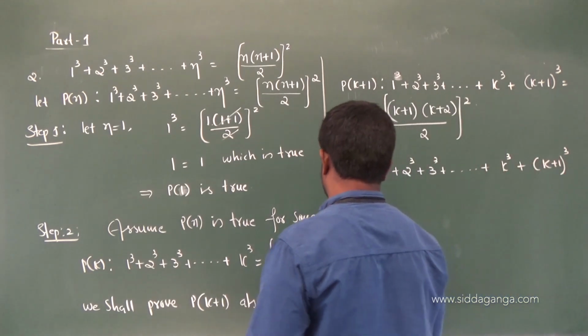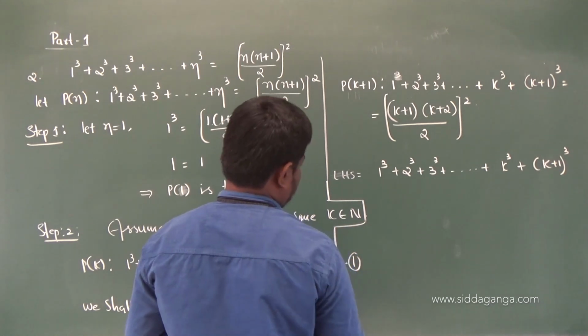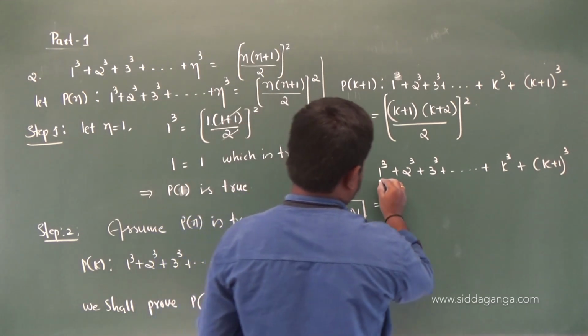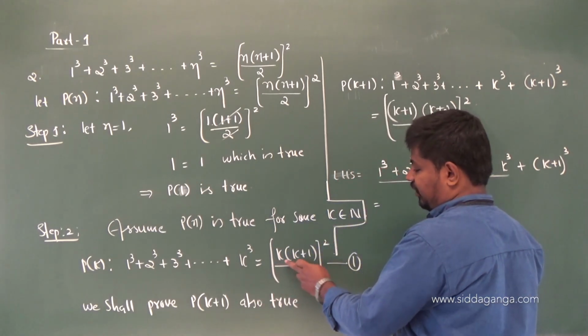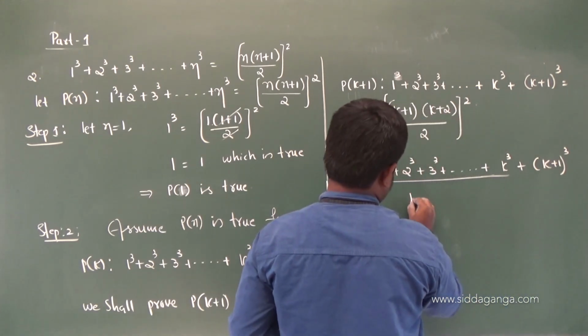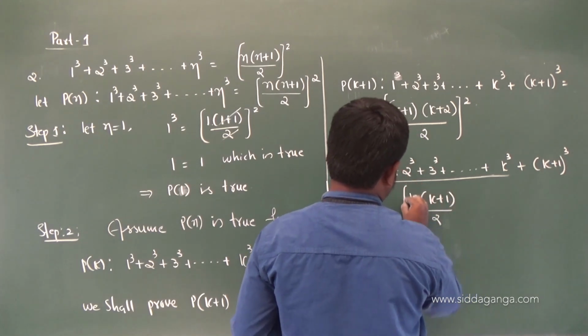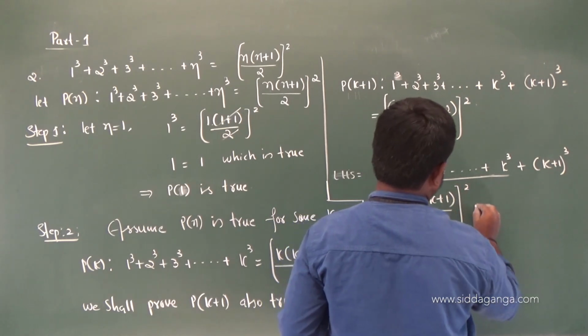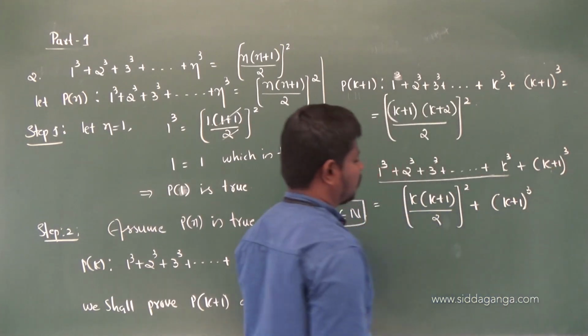This is what LHS. This is equal to, till here we have the value from the equation 1, k into k plus 1 by 2 whole square plus k plus 1 whole cube. This is a k plus 1 whole cube, right?